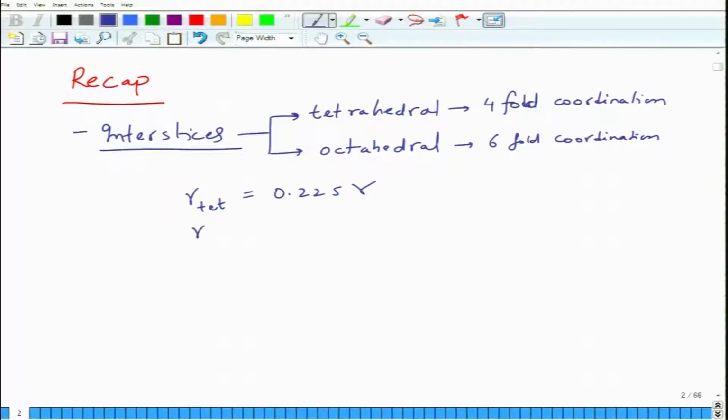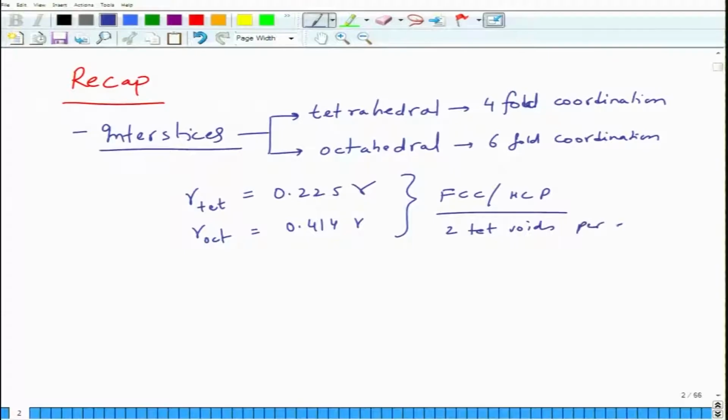Similarly, R oct is 0.414 R. So this is the maximum size of the atom that can fit in octahedral or tetrahedral voids without distorting the octahedra or tetrahedra, and this is in the case of FCC or HCP. And we also saw that in FCC and HCP you have two tetrahedral voids per atom and one octahedral void per atom.